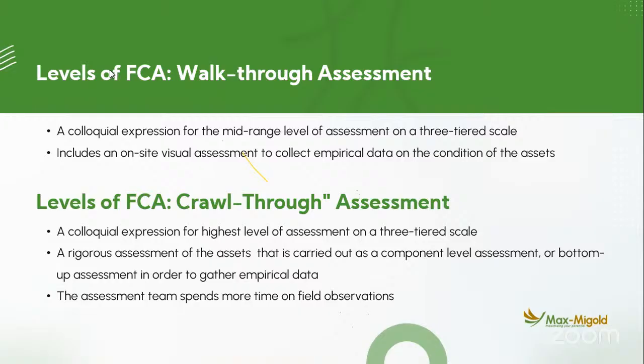That means you take every component, every asset within that facility one at a time, and you assess them comprehensively, or what we refer to as bottom-up assessment in order to gather empirical data. The assessment team spends more time on the field of observation. The only difference between them is that the crawl-through takes more time compared to the other 2.